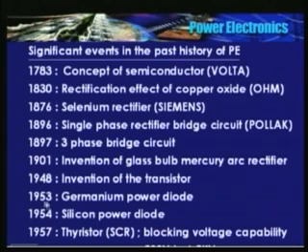In 1953, the germanium power diode was found. And in 1954, the silicon power diode.